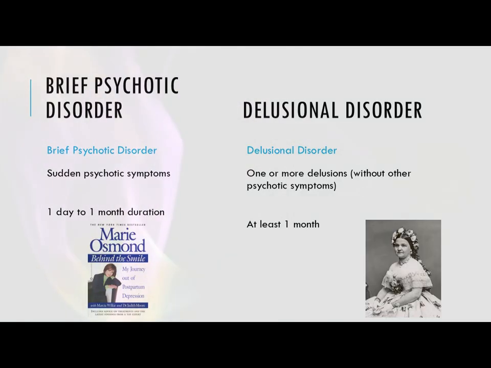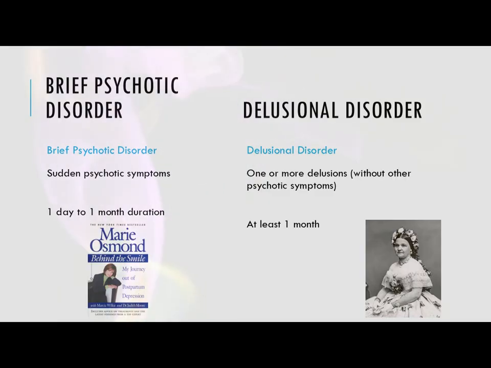You can have somatic delusions, where you believe that something is wrong with your body, like you have diseases that you don't have. You can have erotomanic beliefs, things like beliefs that another person, usually someone super famous, is in love with you.